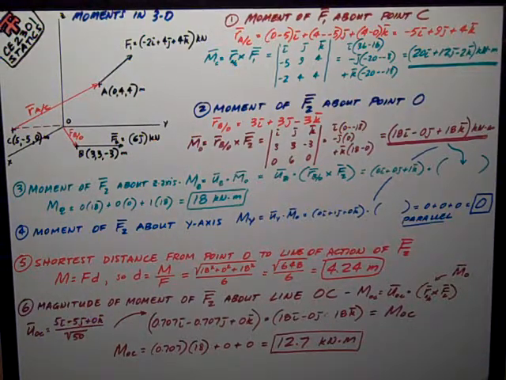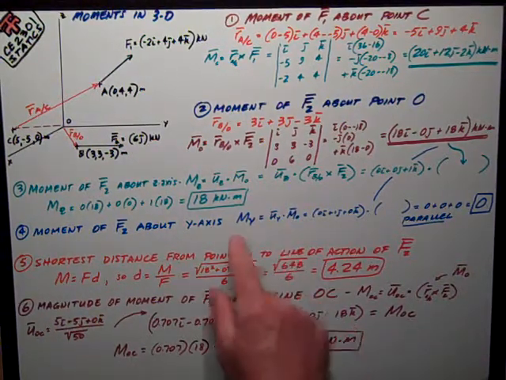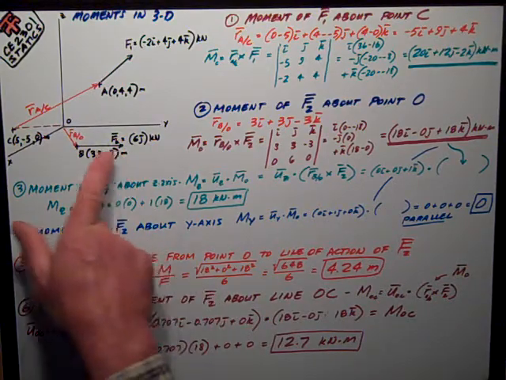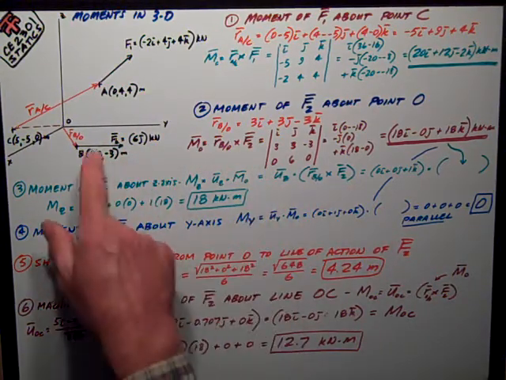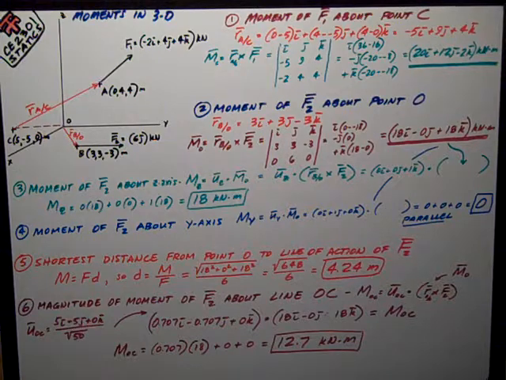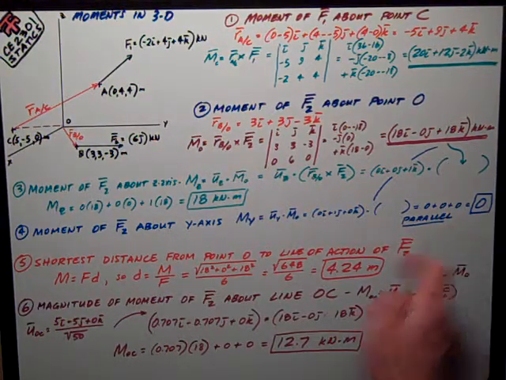Then I realize, oh my gosh, the force F2 is in the pure y direction, which is parallel to the y-axis. Therefore, it creates no moment. Confirms my answer of 0.